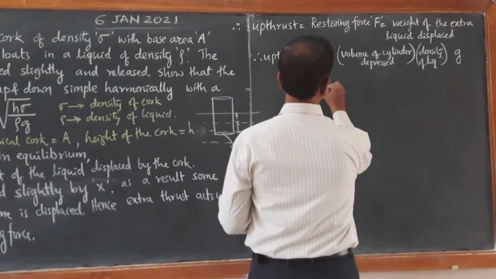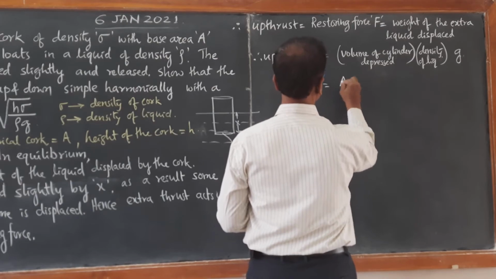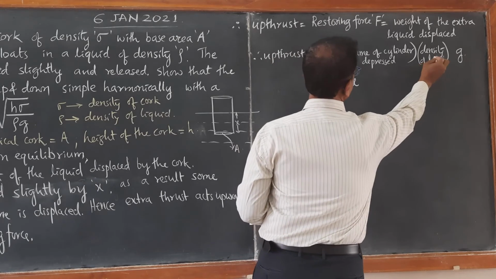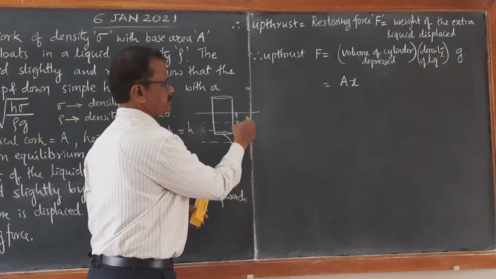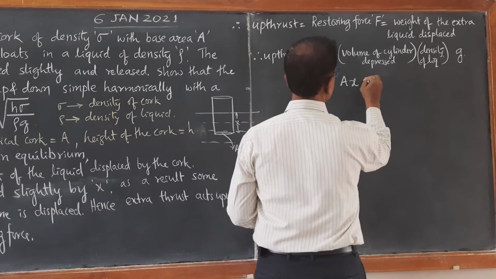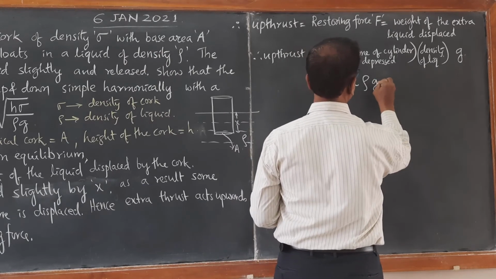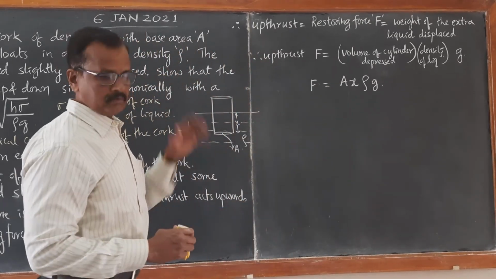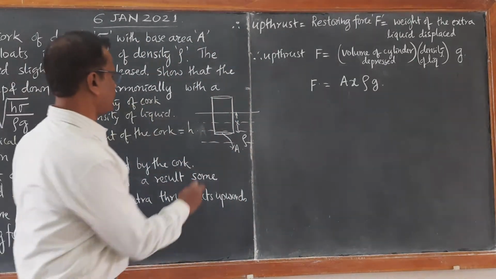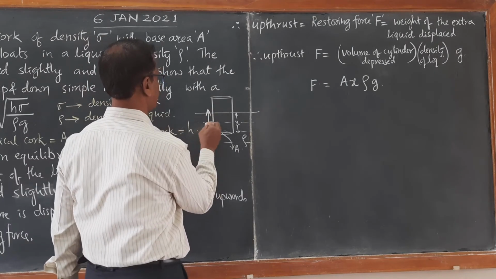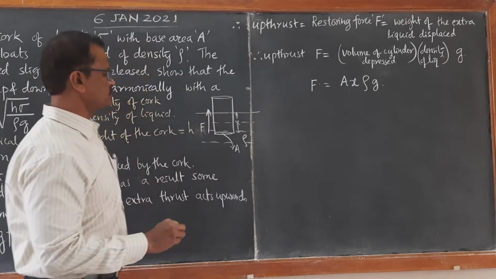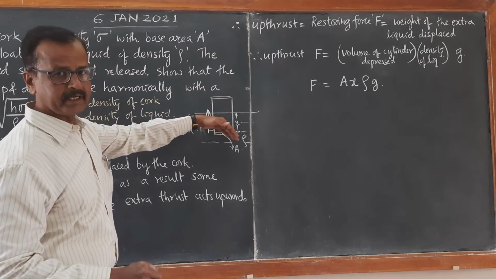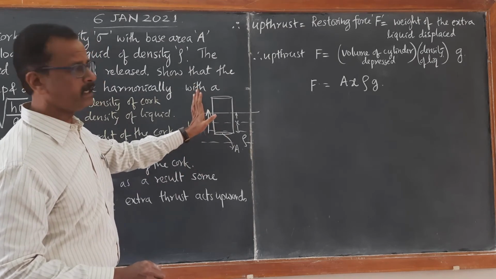So it is equal to Ax into rho into g. This becomes the force. Since this upthrust is in the upward direction, the restoring force is opposite to the displacement. Displacement is vertically downwards. Restoring force is vertically upwards.